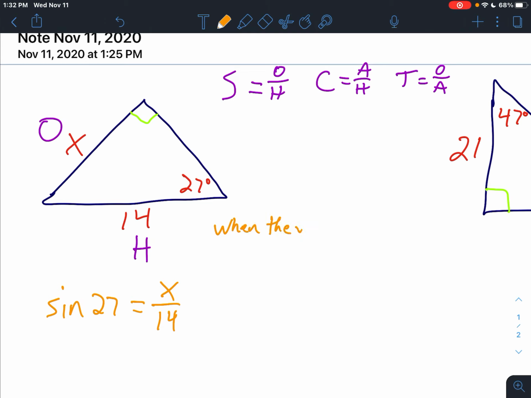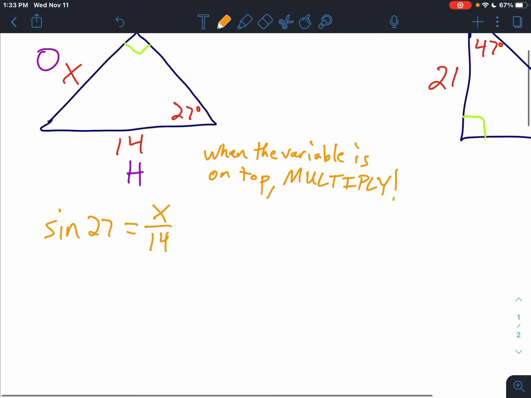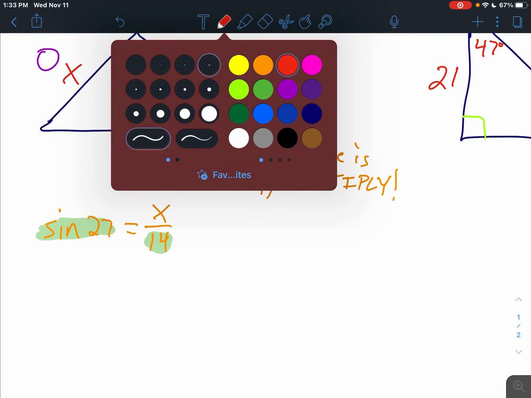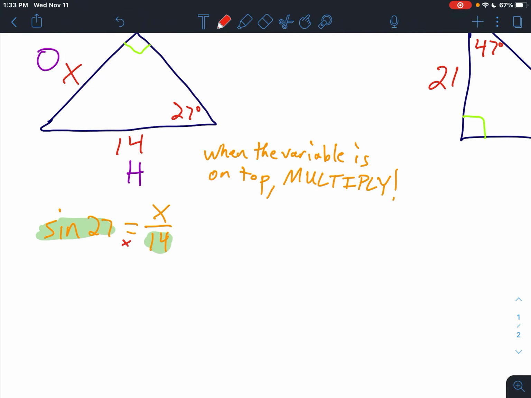When the variable is on top, multiply. All right. You take this, multiply it with this. All right, and I will even throw in a multiplier.